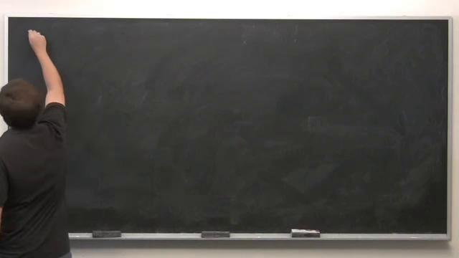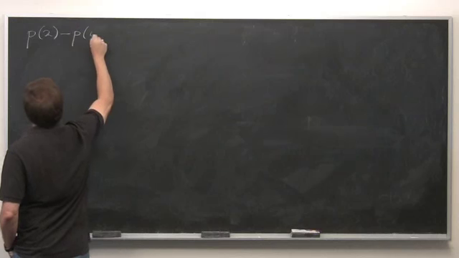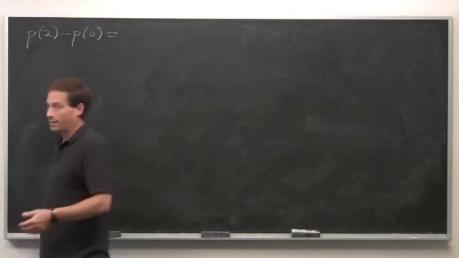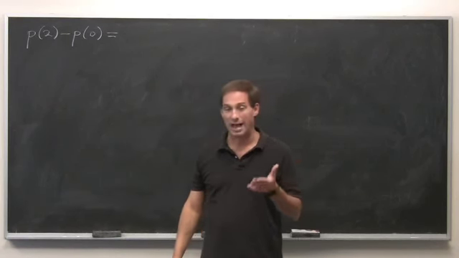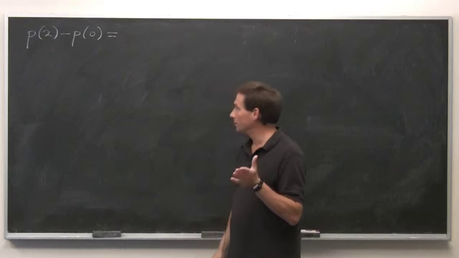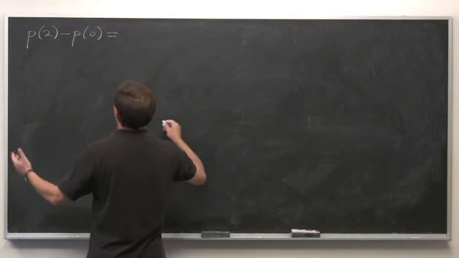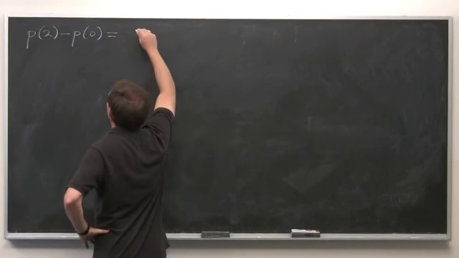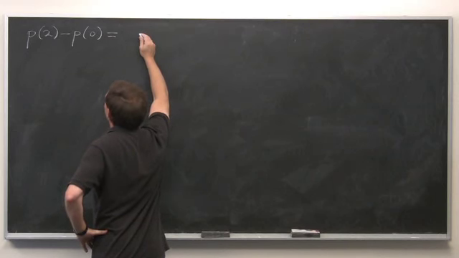So what do you do? Well, you take a look at P of 2 minus P of 0, and you write a telescoping sum for it. We talked about telescoping sums in the last section. This is a particularly simple case. I guess it's no more simple or harder than any other telescoping sum.